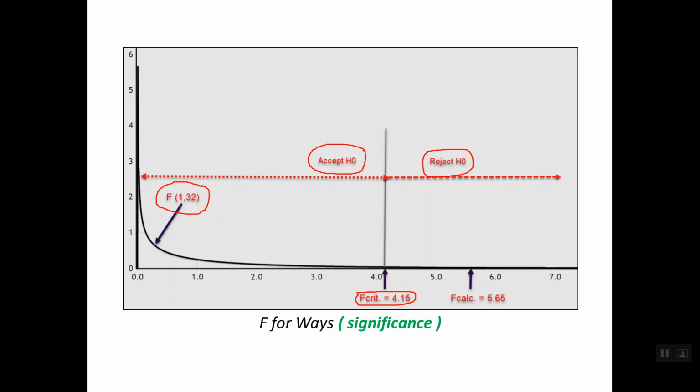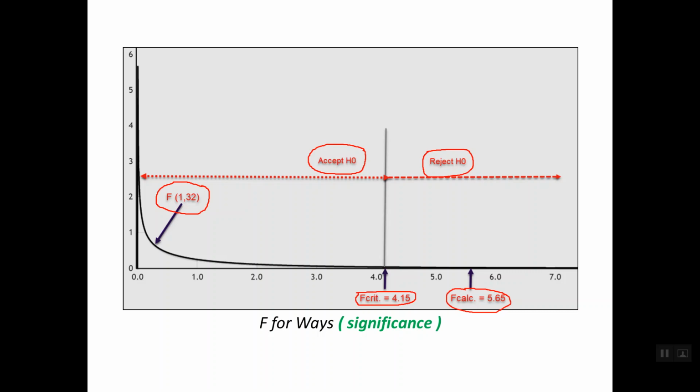The calculated value for the first factor is simply 5.65. It is greater than the F critical, and it lies inside the rejection region of the null hypothesis.